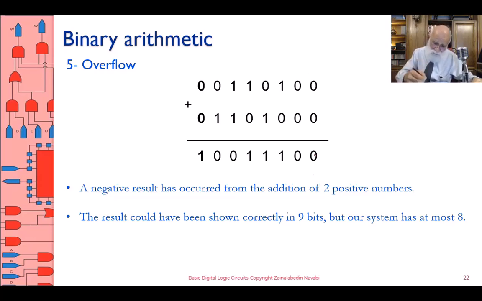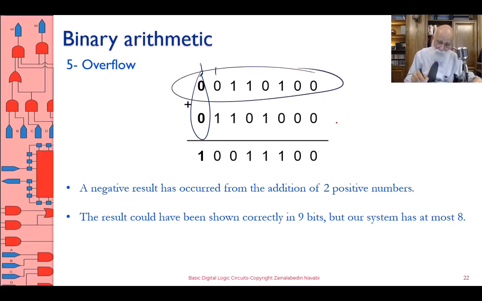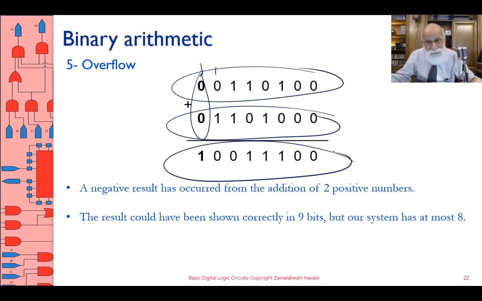What if I have a situation that I'm adding these two, and remember, this is the sign bit. 0, 0, 0, 0, 1, 0, 1, 1, 1, 0, 1, 1, 1, a 0, and a 1, 1, 0, 1, a 0, a carry of 1, 1, 0, 0 is a 1. This is a positive number, A. This is a positive number, B. The result is a negative number. What is this telling me?